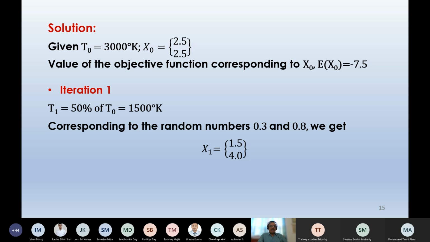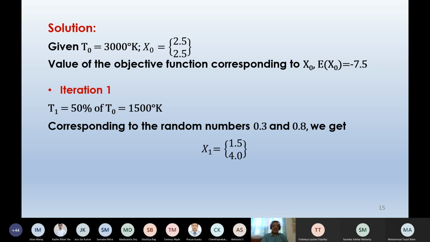So the initial temperature that is assumed is 3000 degree Kelvin, and the initial solution is 2.5, 2.5, which is generated at random. Now corresponding to small x1 equals 2.5 and small x2 equals 2.5, I can calculate the value of the objective function.